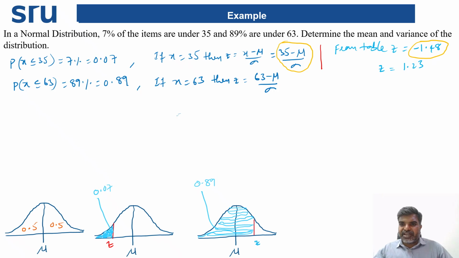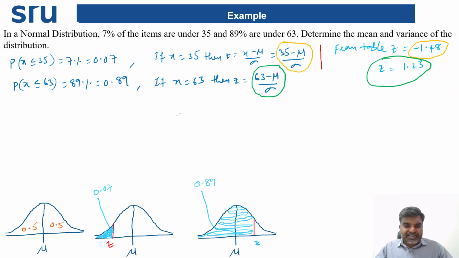So we have to equate these two. Similarly in the second case, from the formula z is (63 minus mu) by sigma. From the table z is 1.23. So I can equate these two. So what is the result here?